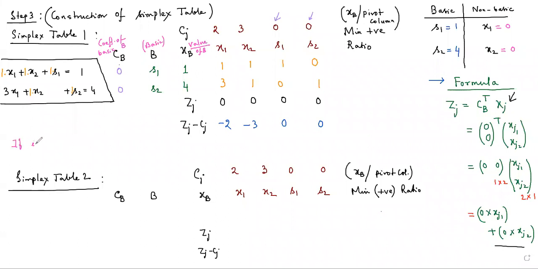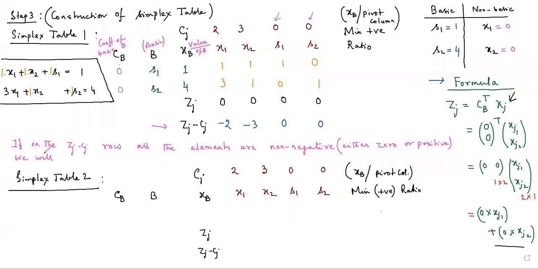If in the Zj minus Cj row, that means I'm talking about this row, all the elements are non-negative, meaning either 0 or positive, we will say the optimal solution is reached, and we will stop.